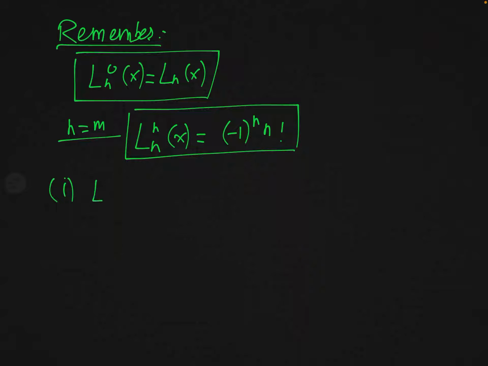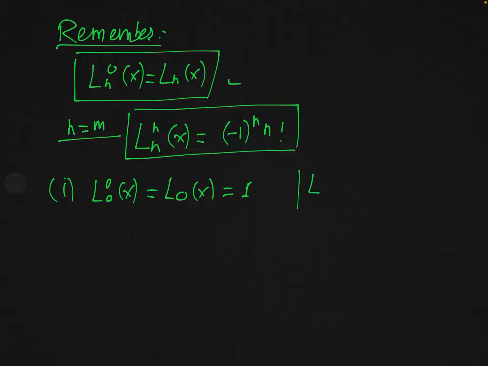First of all, L_0^0(x). You know this will be simply L_0(x) using this property. And you know L_0(x) you have already studied. This is equal to 1.